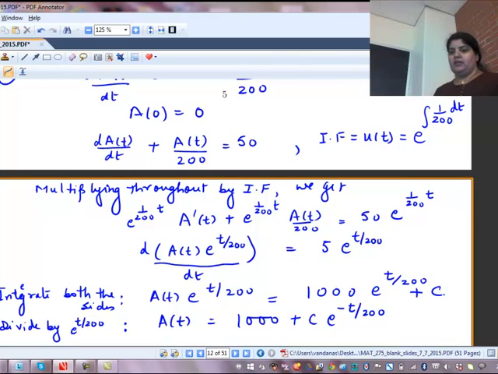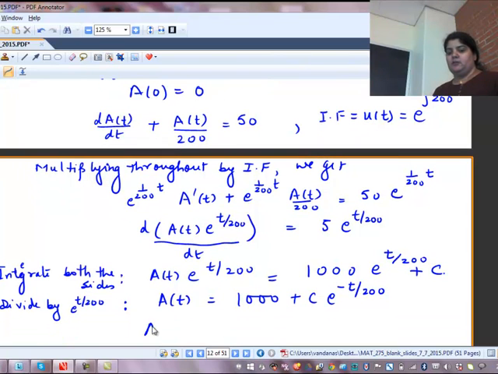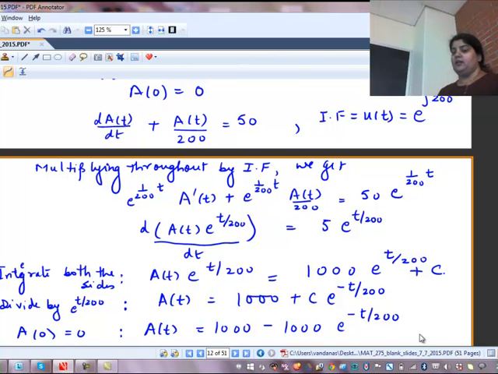So A(t) turns out to be 1000 minus 1000 e to the power negative t over 200. Here I am applying A(0) equals 0 and getting the value of C. Okay, so this is the amount of salt at time t.